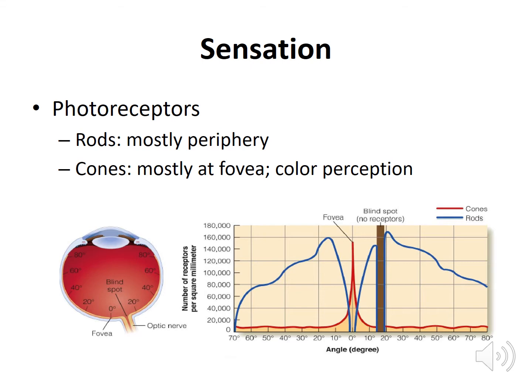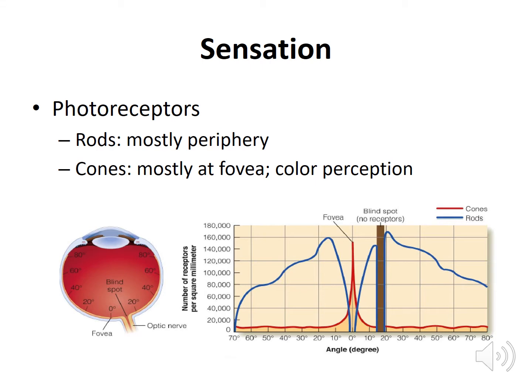Now, another aspect which I need to point out a little bit more is there is a point in the retina which is called the fovea. What is the fovea? The fovea contains almost all of the cones. So in the fovea there is color vision. There are no rods in the fovea. The fovea represents the spot with the highest acuity.